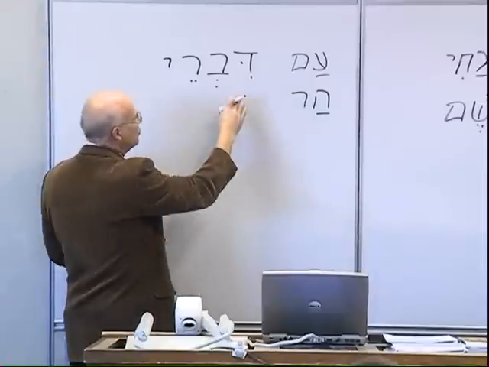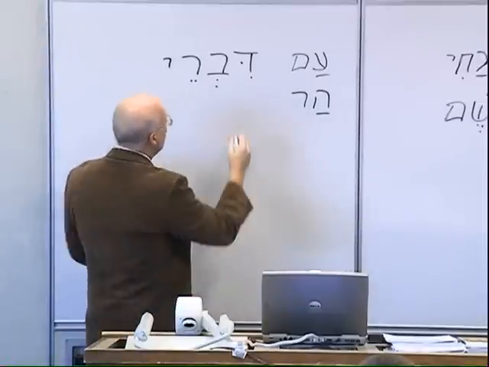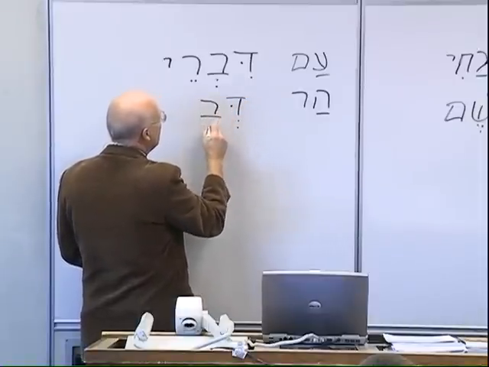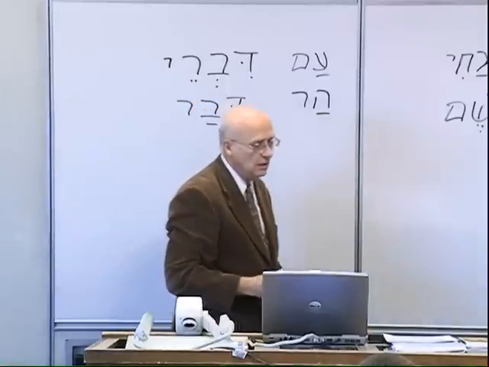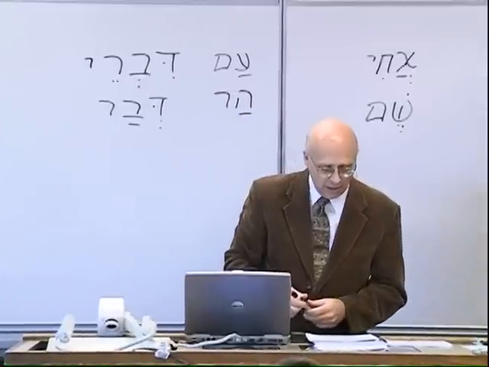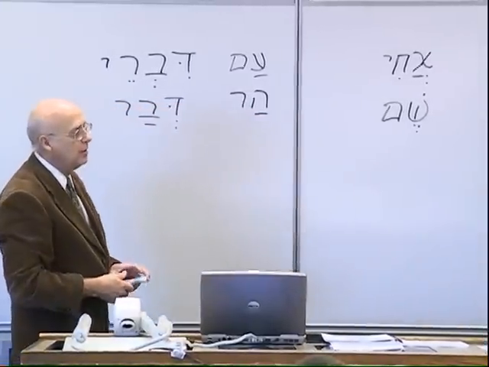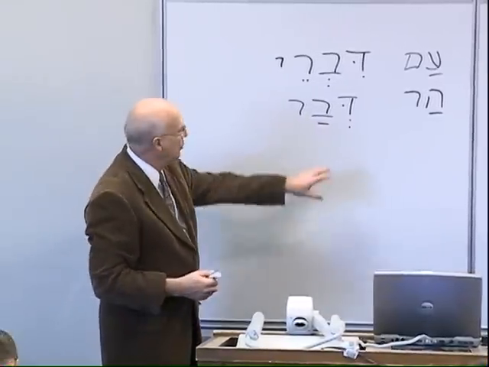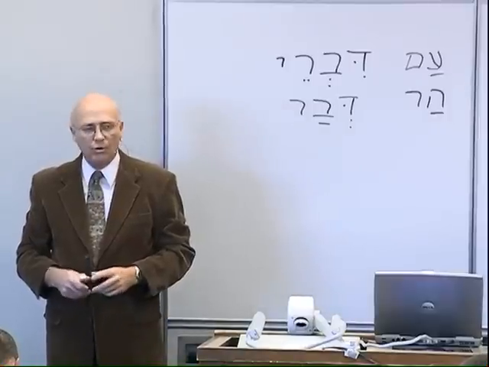You can either correct it to divrei, or you could say that it looks like the attempt was to make a singular and that it should not have the last ending on it. It should be just devar. So there are two ways for you to correct that. Take the tsere yod off to say that it's an incorrect singular form, or you can correct the first vowels to show that it should be the proper plural form.